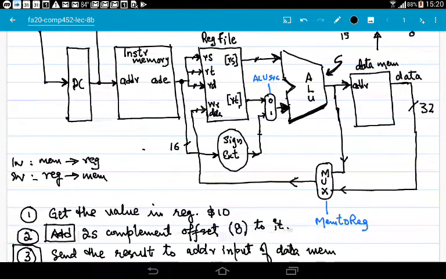What was the instruction that we were executing? Sorry. We were doing this load word 7, 8, 10. This was the instruction.